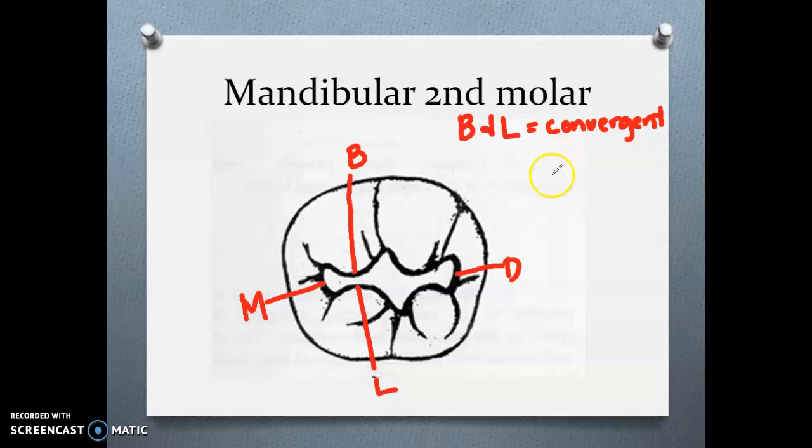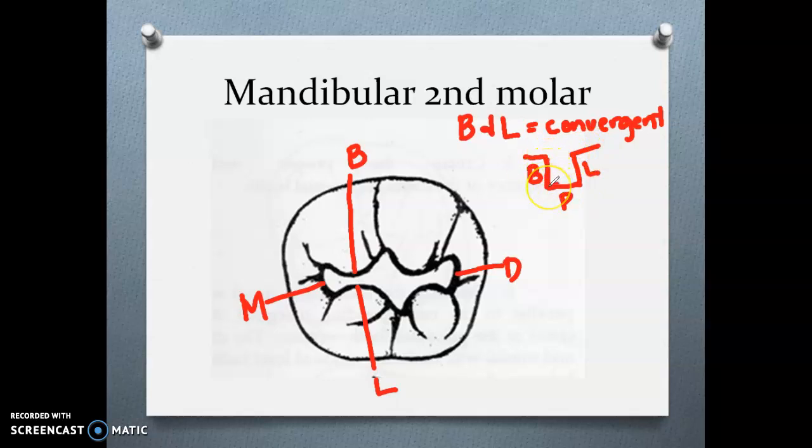Okay? So, for example, here, this is your buccal wall. This is your lingual wall. This is your pulpal. Okay, this is your outer surface. So it's slightly convergent.